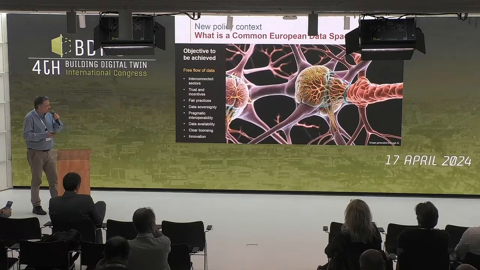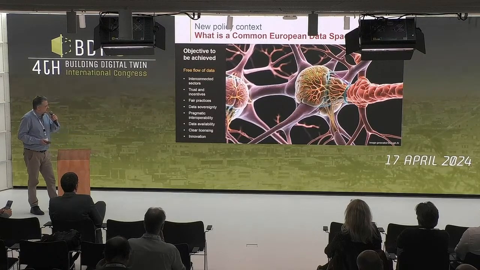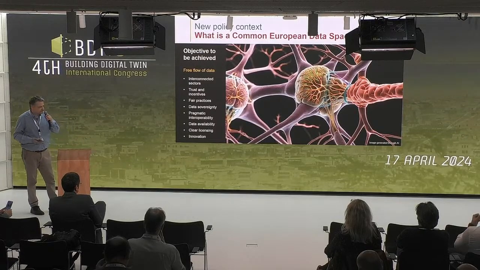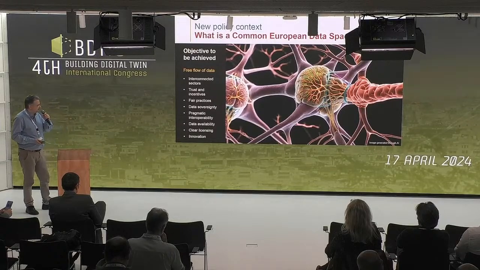This should be achieved with trust, providing incentives to data sharing, and assuring fair practices, mainly for important gatekeepers that have an important weight in the market, pushing for data sovereignty, pragmatic interoperability, and data availability in general from the different communities, especially the public sector, with open data, clear licensing frameworks, and pushing for innovation.